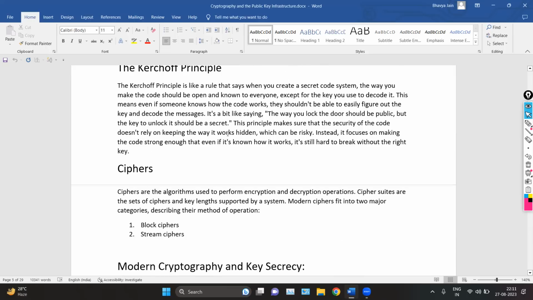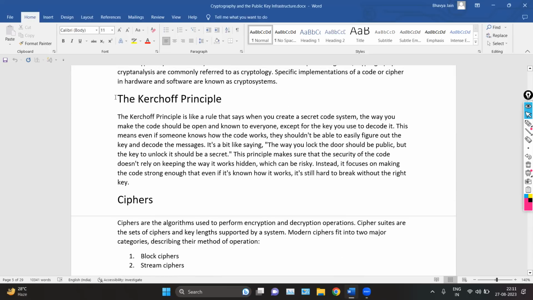Then we have the Kirchhoff principle. In the Kirchhoff principle, we discussed the algorithm and the key. We have an algorithm for encrypting, which contains the method, and second, we have the key, which we use for encryption and decryption. In modern cryptography, under the Kirchhoff principle, the working of the algorithm can be displayed.